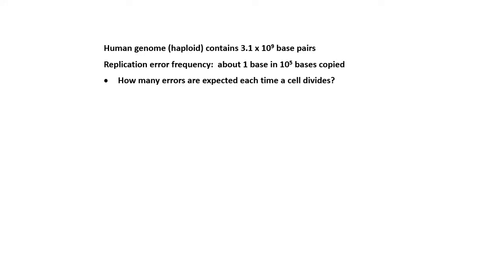So see if you can crunch those numbers together and make a prediction of roughly how many errors you'd expect to be made in the sequence each time a cell divides. Pause the video, have a go at the calculation, and then when you come back you can see what the answer is.